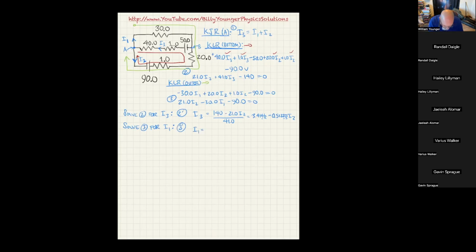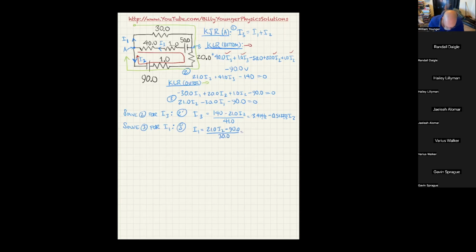In this case I1 is equal to, if you look at I1, if I pull it to the other side, it becomes 30 I1. So I'm going to do that, and then I'll have 21.0 I2 is positive, minus 90.0, and then the coefficient of I1 is 30, so I'm going to divide by 30.0.